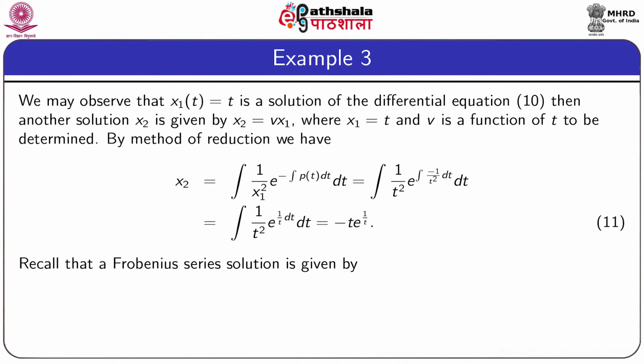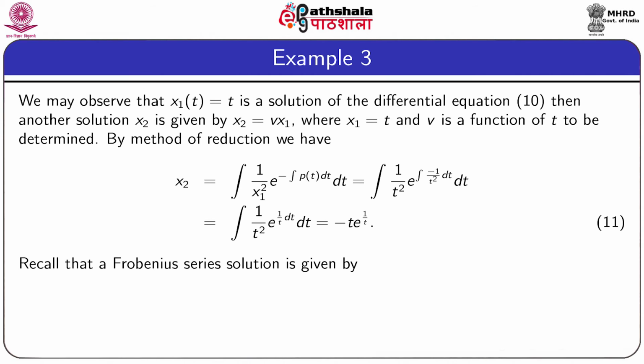So, once you prove that x1 equal to t is a solution, then you can take another solution x2 of the form x2 equal to v x1, where x1 is equal to t and v is a function of t which needs to be determined.